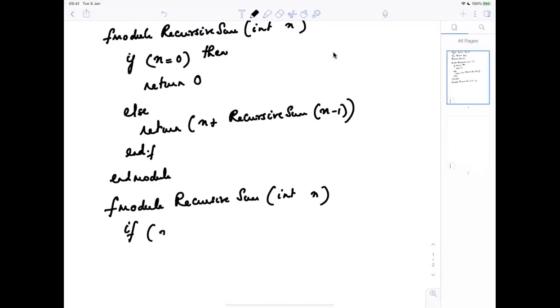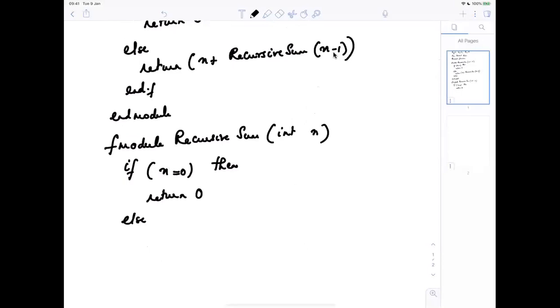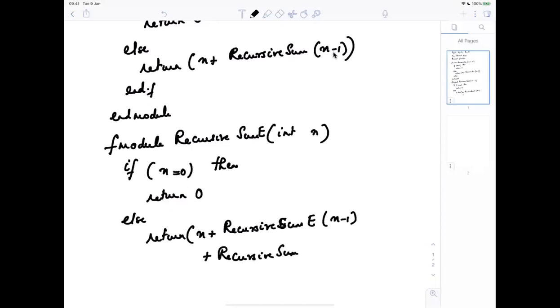If n equals 0, then return 0, else return n plus recursive sum E of n minus 1, slightly extended version, plus recursive sum E of n minus 1.